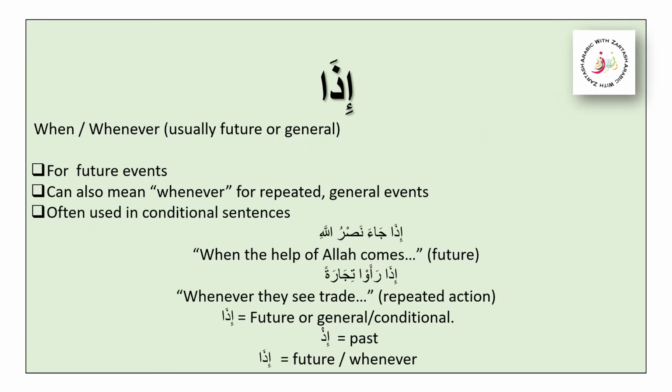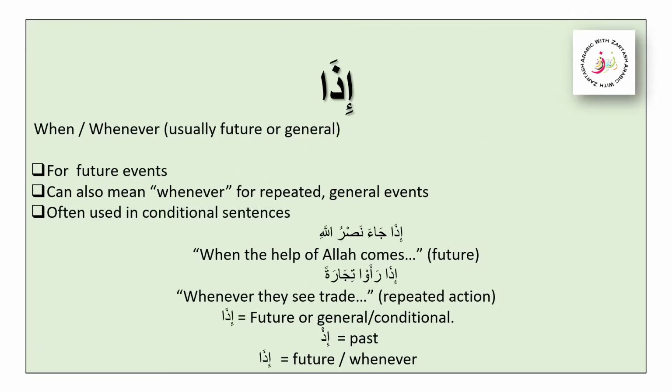It is very common in conditional sentences, where it creates the meaning of "if": when this and that happens, then this and that is going to happen. So it can push the meaning to the future, as in conditional sentences as well.